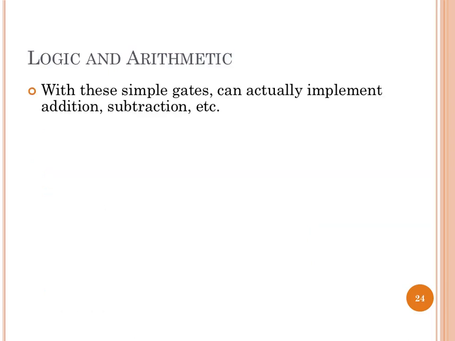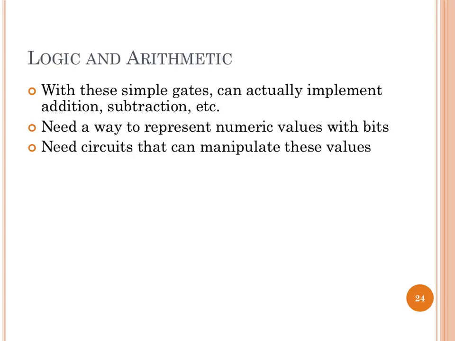Now, it turns out that with AND, OR, NOT, and exclusive OR, you can build arithmetic. You can do addition and subtraction, and I'll include some supplemental material on Moodle showing you how to do addition and subtraction very easily using just these logic gates. But we have some problems we need to solve. We need to figure out how we are going to represent values with bits, because we're really good at computing with zeros and ones right now. But what if we want to do a 2 or a 3?